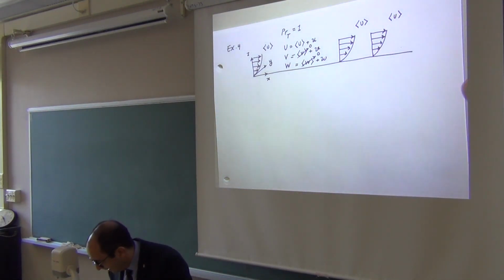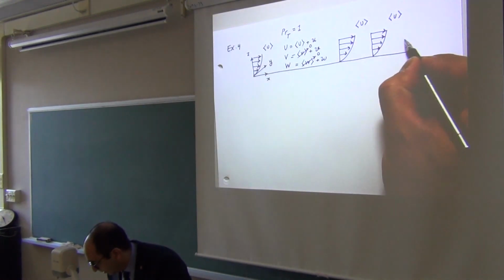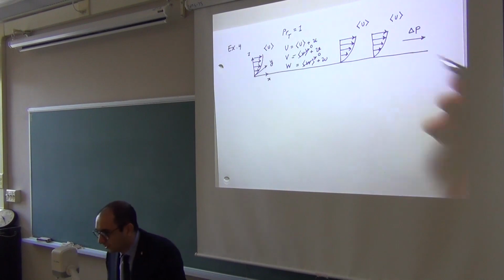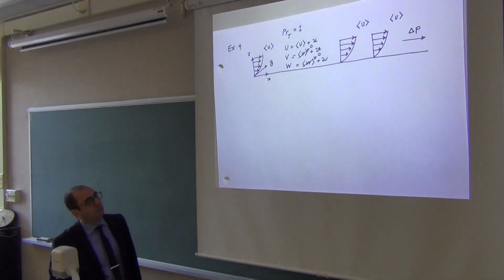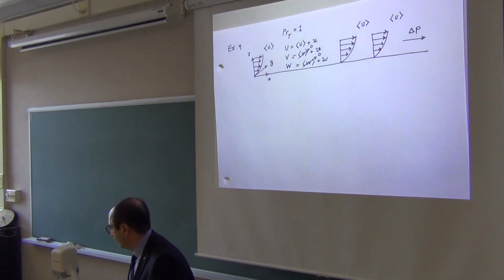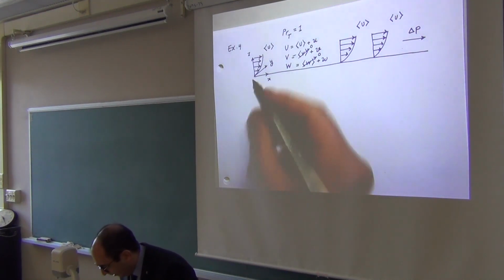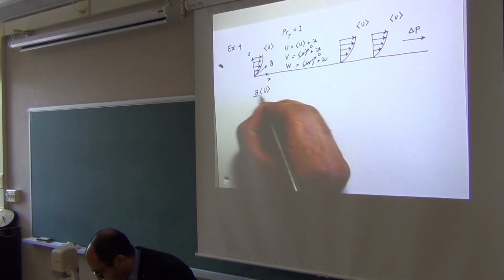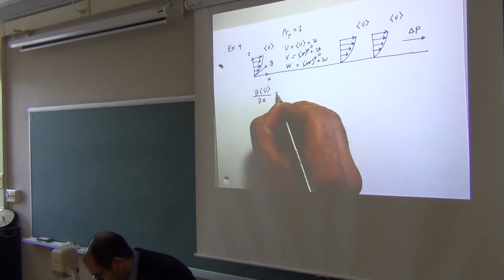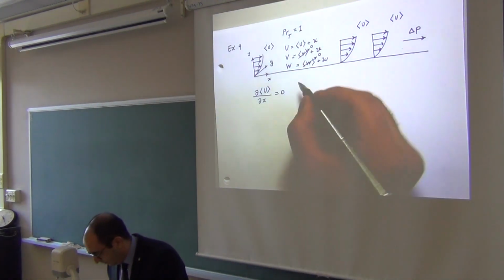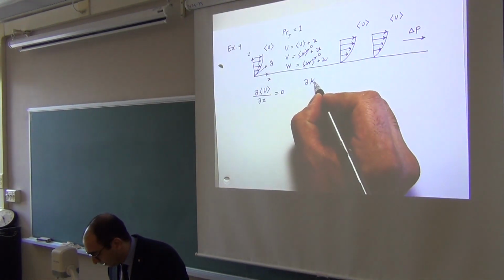Also note that there is a pressure gradient that's driving this whole flow. So there's a horizontal pressure gradient. So a couple of things: no change with respect to the x direction. Also, no change with respect to x direction for turbulent kinetic energy.